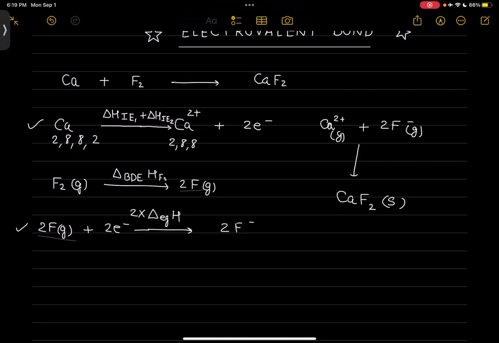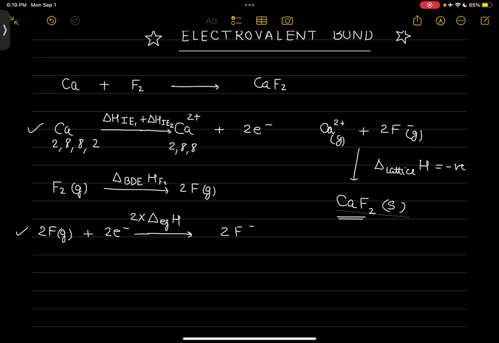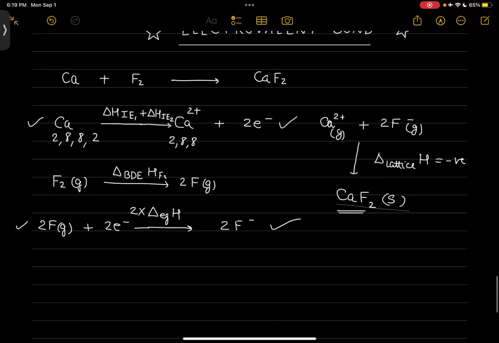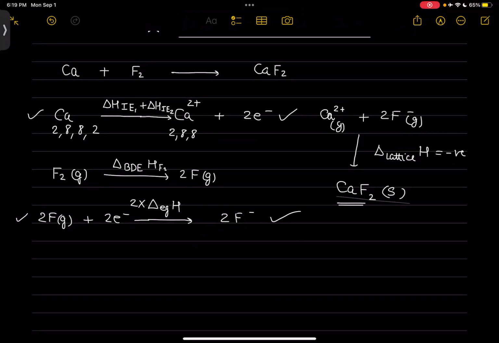That energy is known as lattice enthalpy. A lot of heat will be released, and it will form. That's why the compound will be stable. Okay, CaF2 will form. But suppose they don't ask you the energy, just write these two equations and add them together. Ca plus 2F gives Ca2+ and 2F minus, and they will become CaF2. That's it. Got it? Is it clear or not?